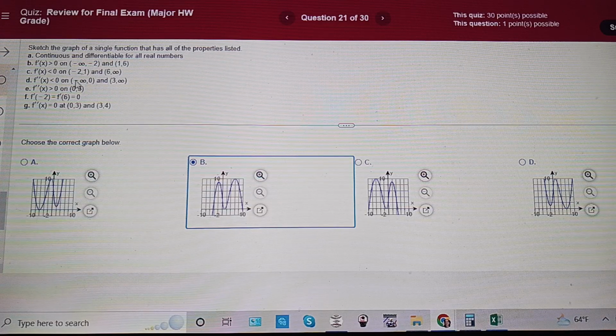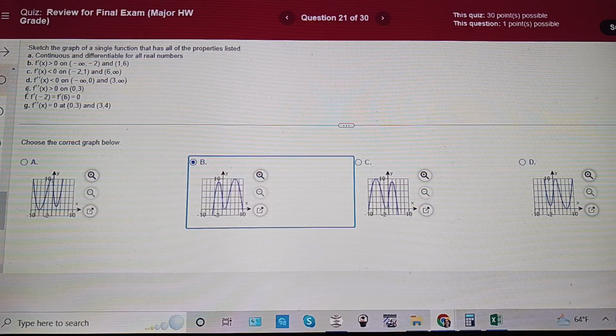So from negative infinity all the way till you get to 0, it's all concave down and bent downward all the way to 0. So notice the relative maximum's at negative 2, but the concavity is still negative past that point. There's a downward curvature all the way to 0.